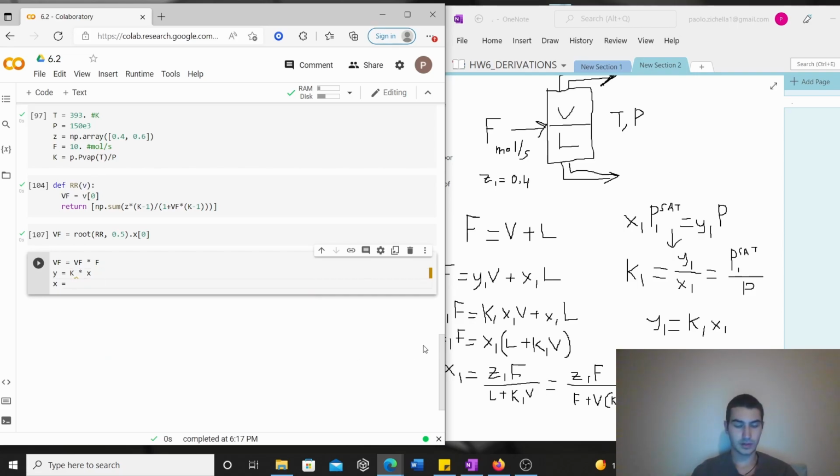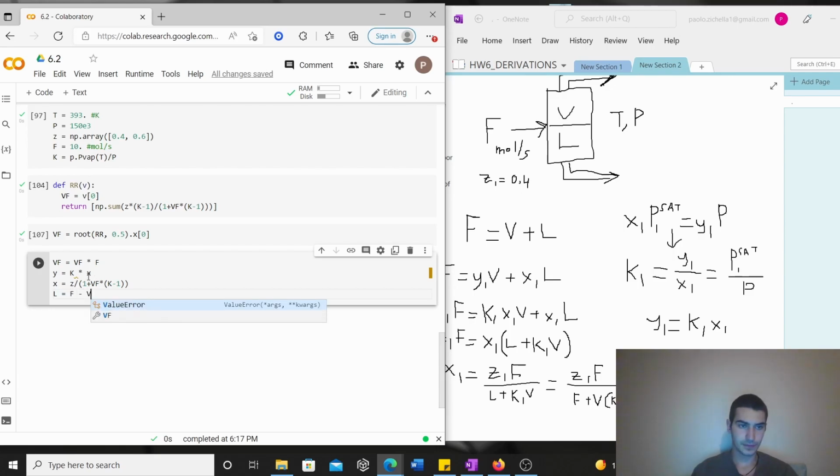So we know that X must be Z divided by 1 plus VF multiplied by K minus 1. And then finally, for L, we know that L is equal to F minus V.